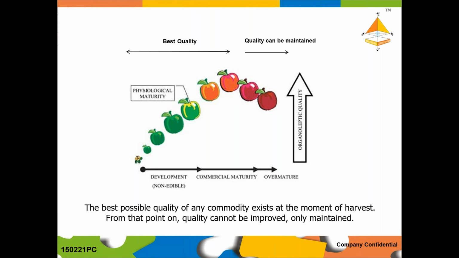So the best quality is at the time of harvesting, and after that you cannot do anything. It has to be only maintained. So we should not think that MAP will improve the quality. MAP will only maintain the quality.